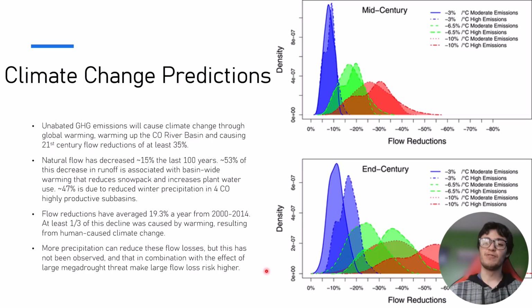Now, speaking about the flow, what are our future predictions based on climate change? And so, if we have this unabatement, so this lack of regulation for greenhouse gas emissions like carbon dioxide, then we're going to reduce the flow. So, natural flow has actually decreased about 15% in the last 100 years, with about 53% of this being caused by the basin-wide warming.